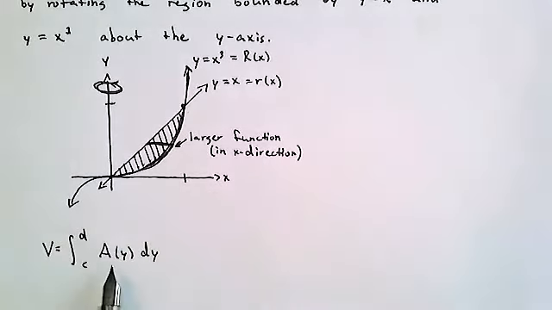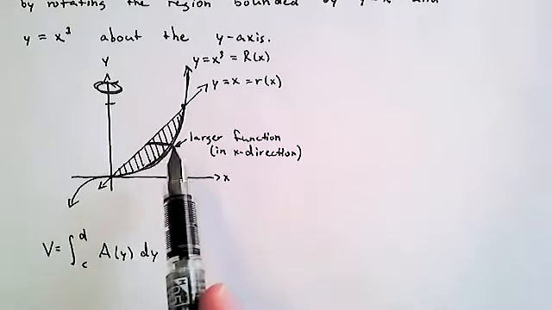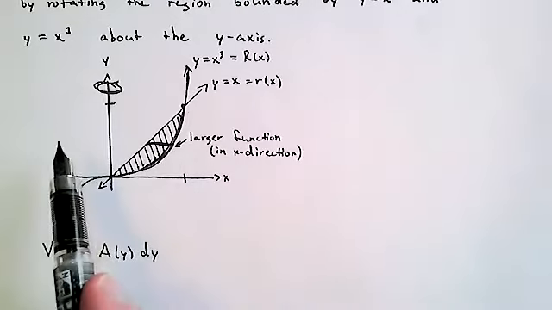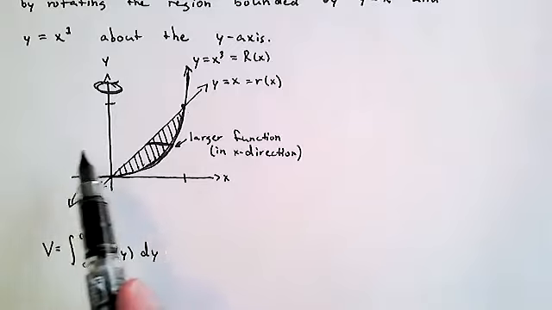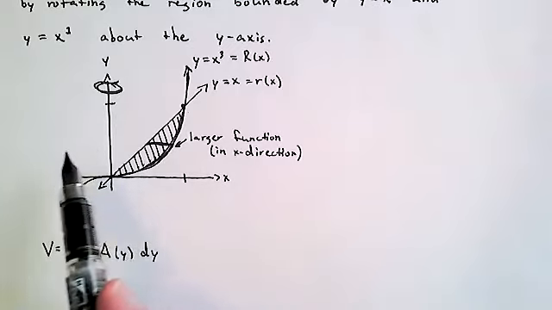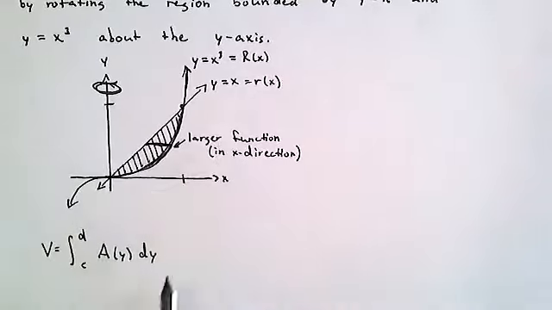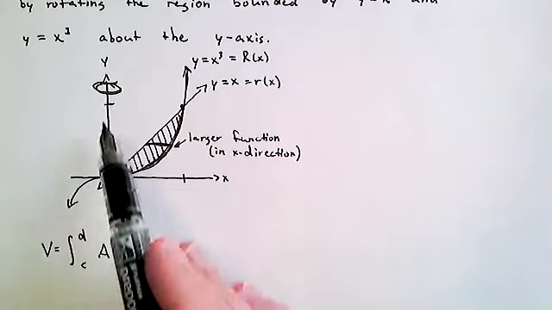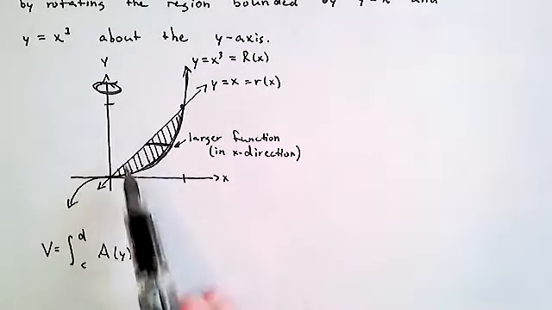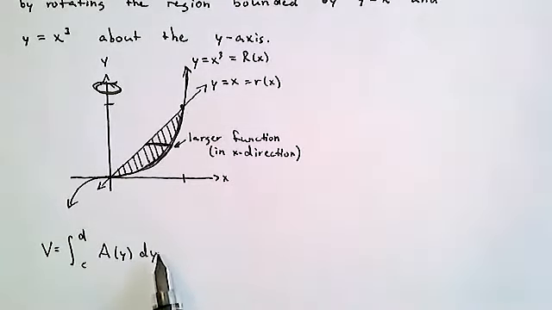So we're going to be making cross sections in the y, perpendicular to the y axis like this. So that's why I've written it as a function of y. And we're going to integrate in the y direction. So that's why there's a dy over here.